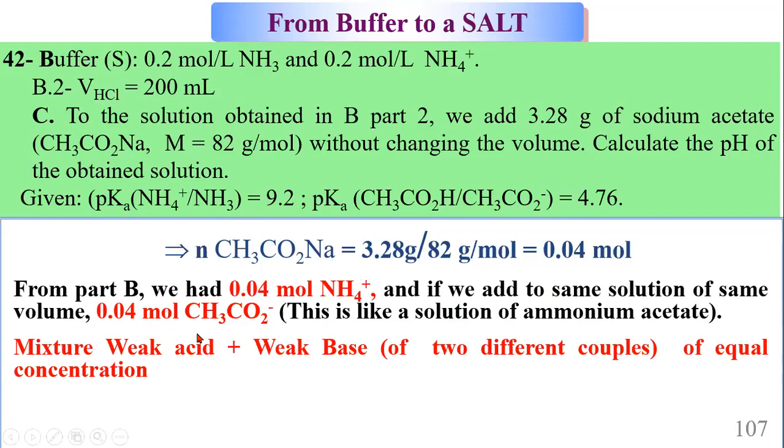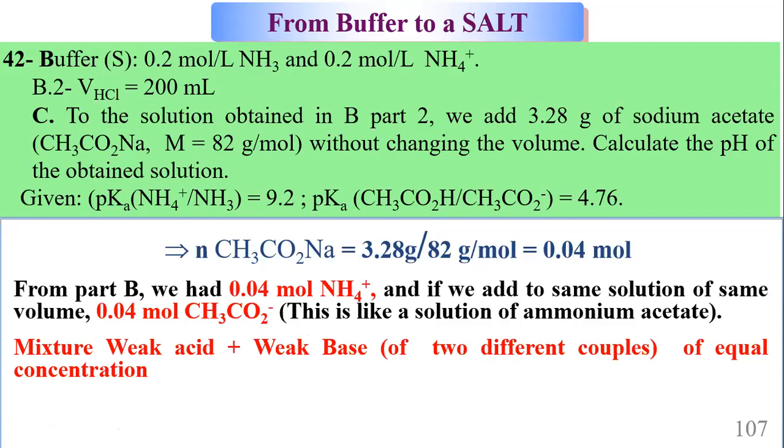What is this? This is as if I have a salt of ammonium acetate, because they have the same concentration. And this is actually a simple mixture of a weak acid and a weak base, but of two different couples of equal concentration.